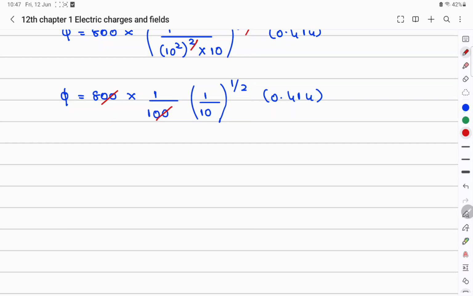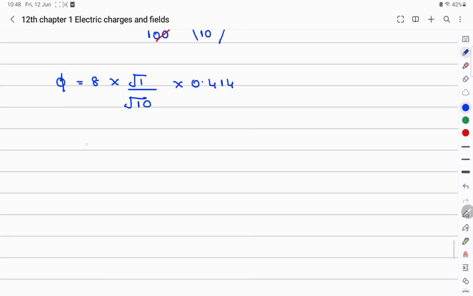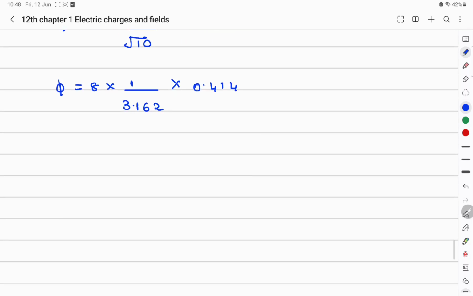This value becomes phi is equal to 8 into 1 by root of 10 into 0.414. So phi is equal to 8 into 1 by root of 10, where root 10 is 3.162, into 0.414.